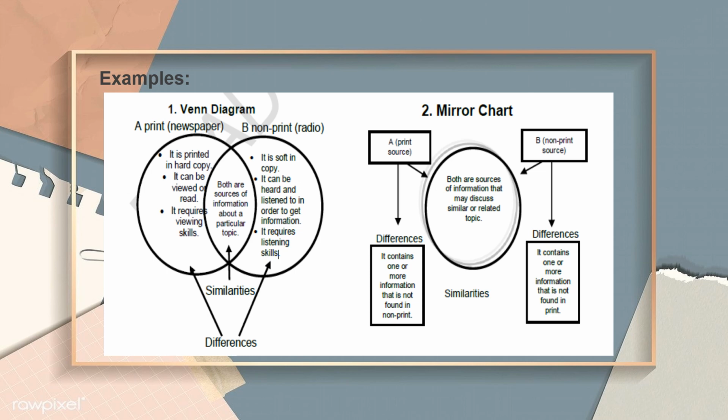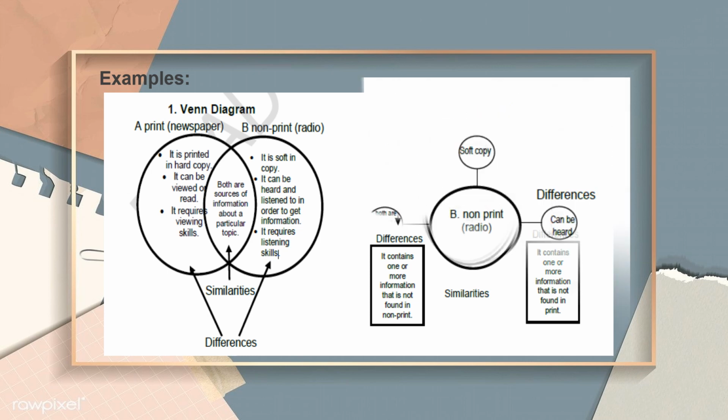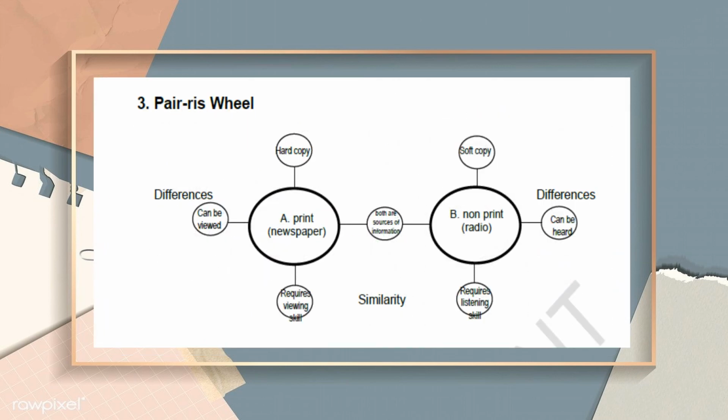And then the similarities, both are sources of information that may discuss similar or related topics. Now, number 3, pairs well. As you can see, the difference between the two and the similarities. Print newspaper and then non-print, which is the radio.